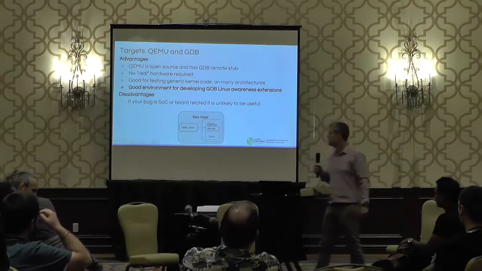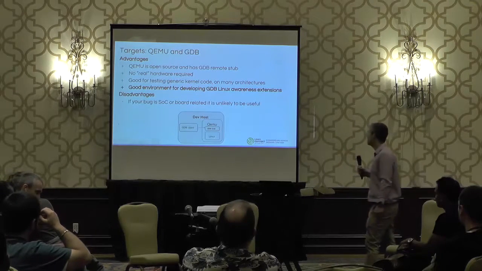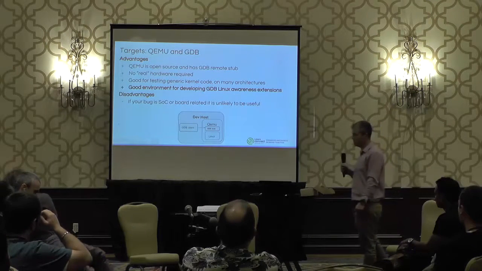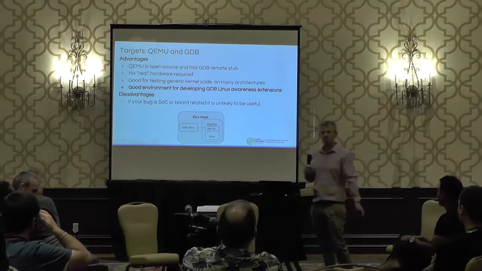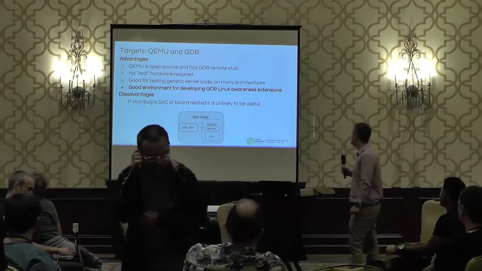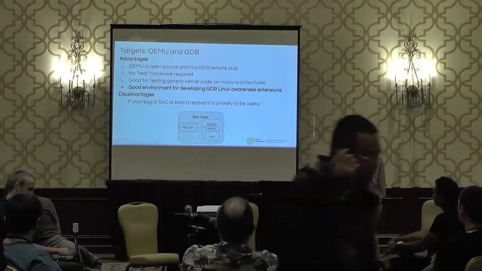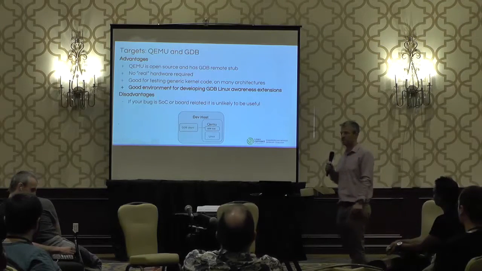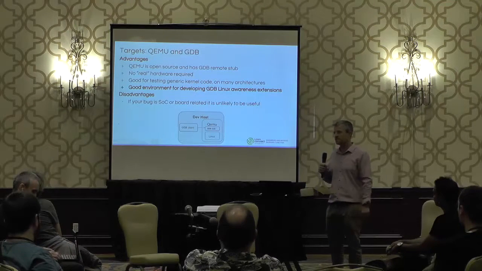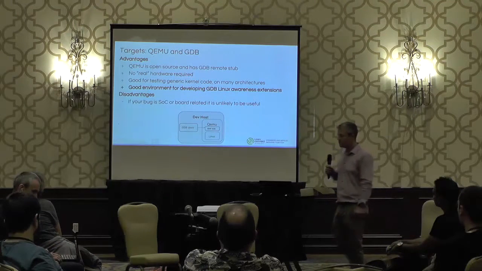We've also got QEMU and GDB. Now this is a really good development environment, especially if you want to test generic kernel code on different architectures quite quickly. It's also very good for developing Linux awareness extensions, because you can quickly boot an ARM or an x86 kernel and see if it works.